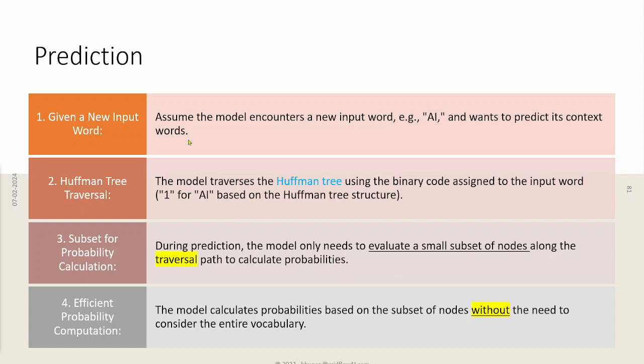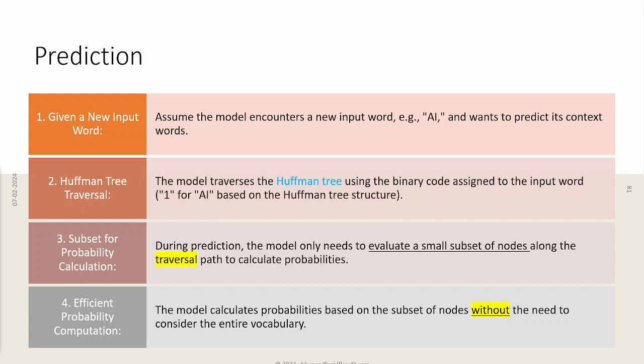So what happens in prediction? Almost exactly the same thing, given the input. Let's say the input is AI. We travel the Huffman tree based on its structure. During prediction, the model only needs to evaluate the subset of nodes along the traversal path.